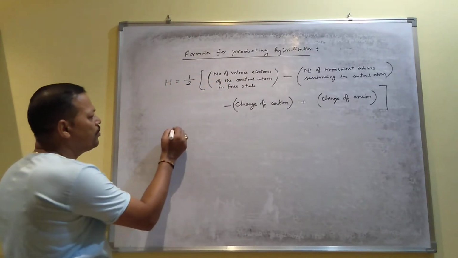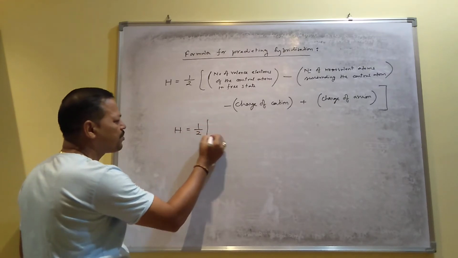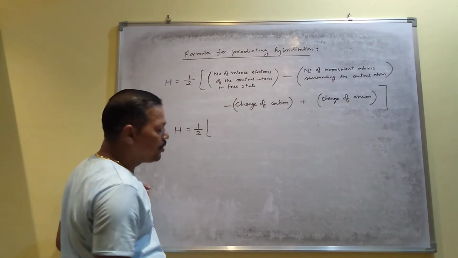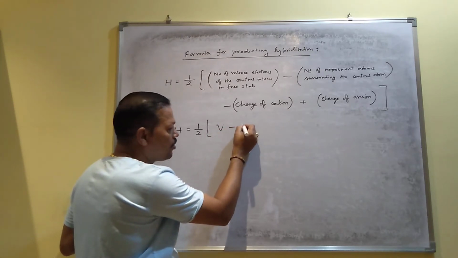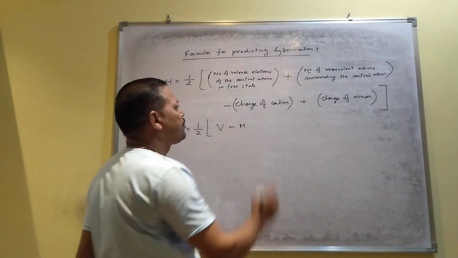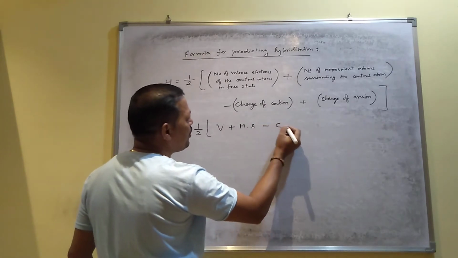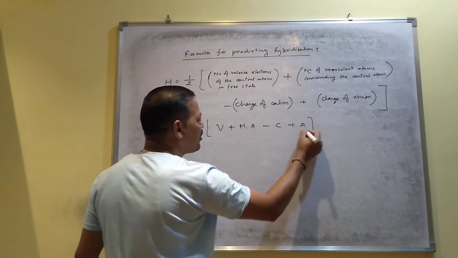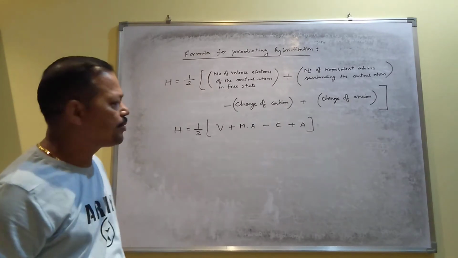So in short form, you can learn this formula like this: half of valence electron, sorry, it should be plus number of monovalent atoms, minus charge of cation plus charge of anion. In short form, you can learn the formula this way.